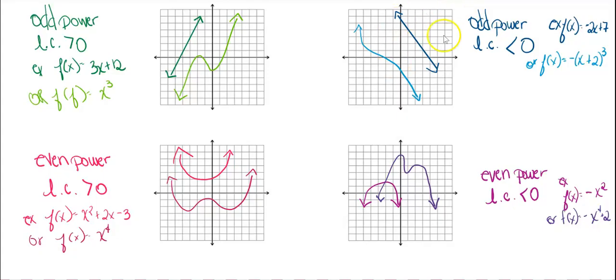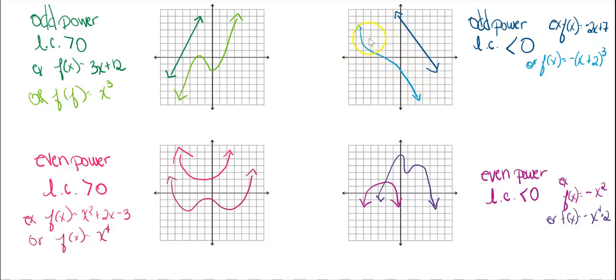Okay? But if you look over here at the blue ones, you're going to see that these graphs fall. Another example, this is linear. So I put negative 2x plus 7. That is not exactly the same function or equation for this graph, but I just made it up. Or you could have something like f of x is equal to negative of x plus 2, all raised to the third power.